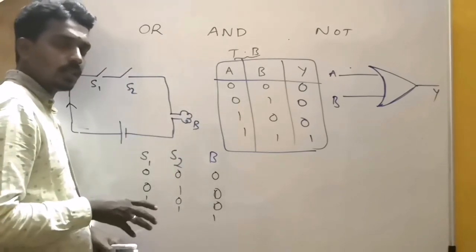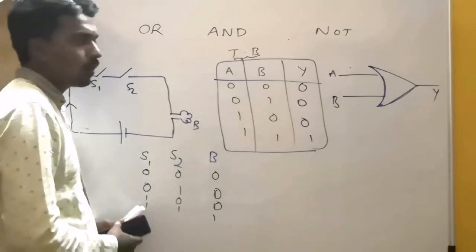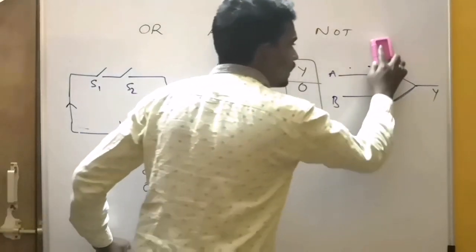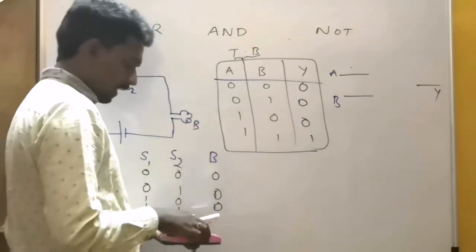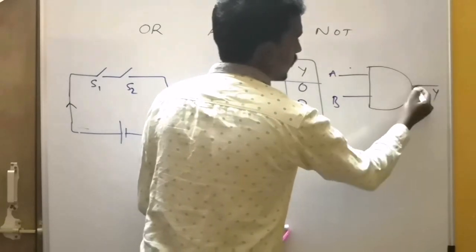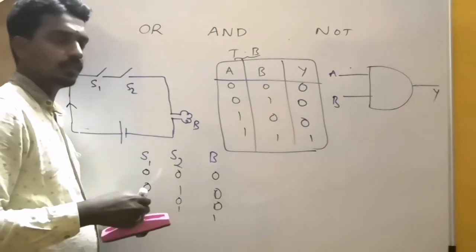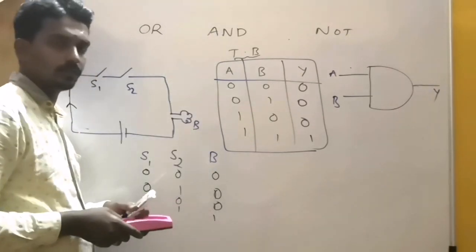Such kind of logic we call the AND gate. The symbol for the AND gate we represent like this, like a D. So this is the representation for the AND gate.